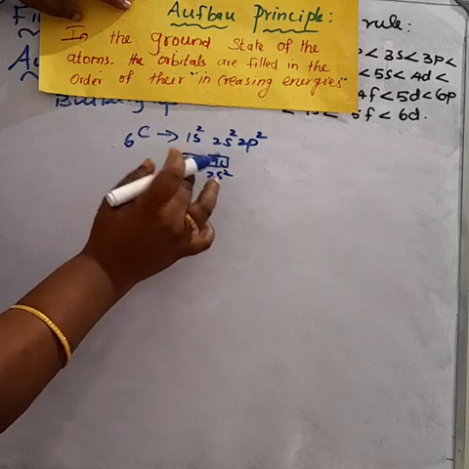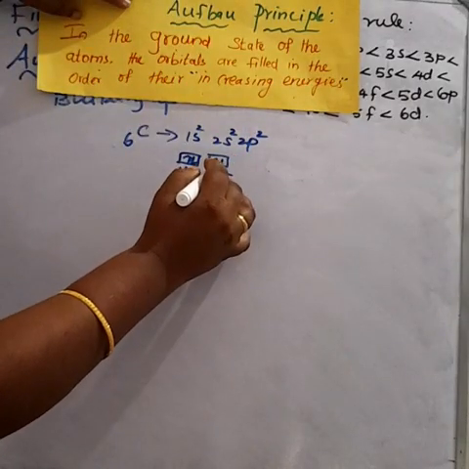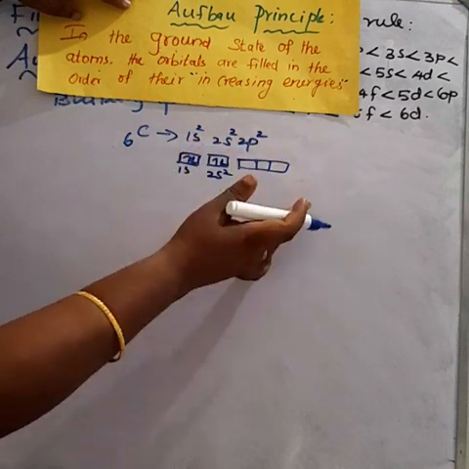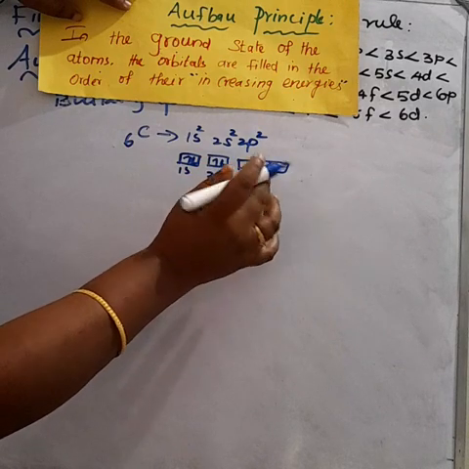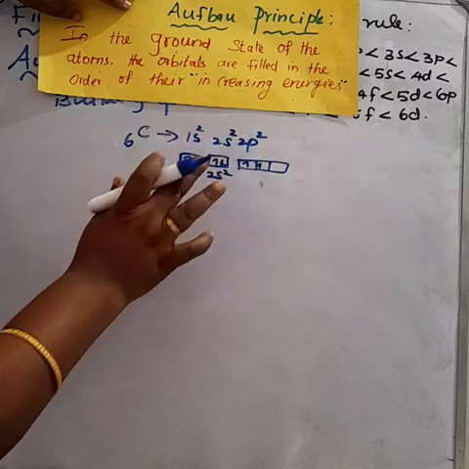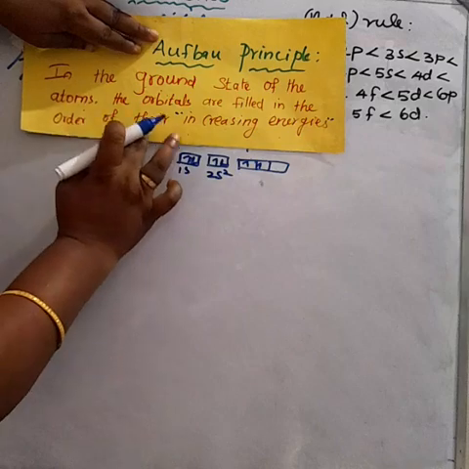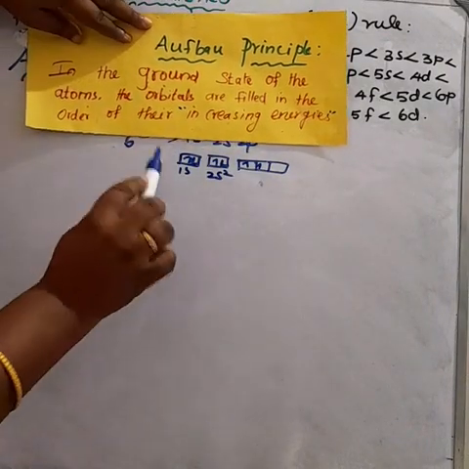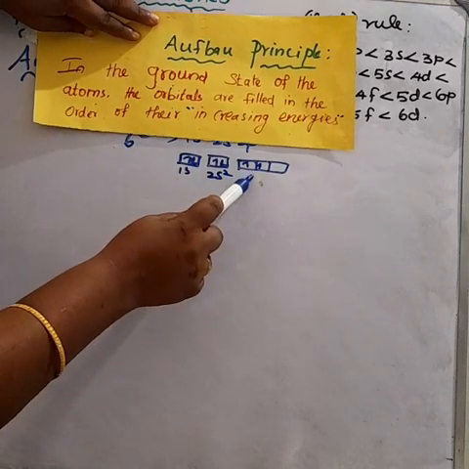After completing the 2s orbital, they go to the 2p orbital. Understood? This is the Aufbau principle. In the ground state of the atoms, the orbitals are filled in the order of their increasing energies. Once the lower energy orbitals are completely filled, the electrons enter the higher energy orbitals.